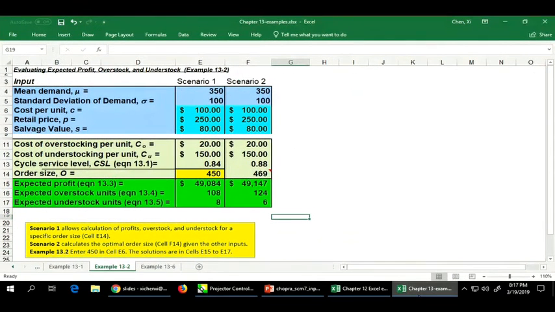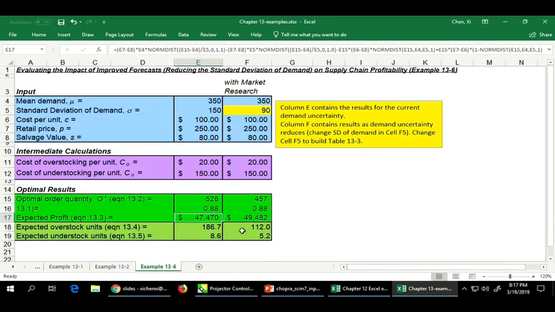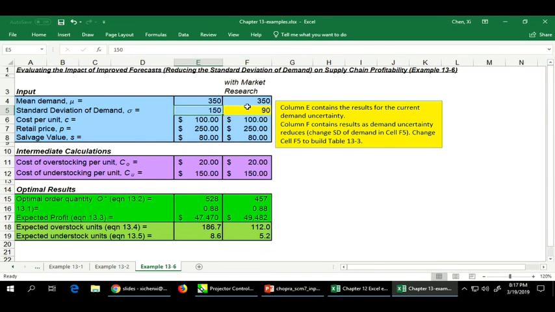This is illustrated here. The difference between these two is that we reduce the standard deviation of demand. This is our original solution.